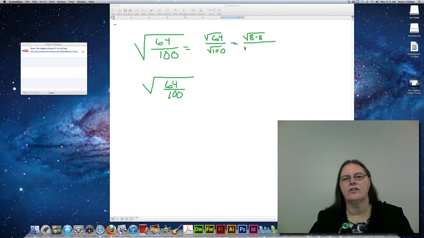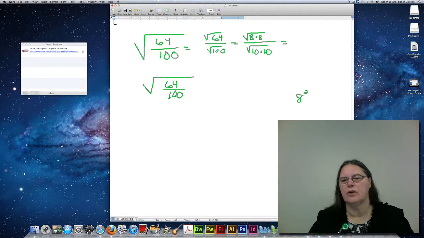And I can factor the denominator, which is 10 times 10. Now when we work with square roots, we're always looking for the base. So for example, if I had 8 to the second power, what is the base of that number? It's the 8.